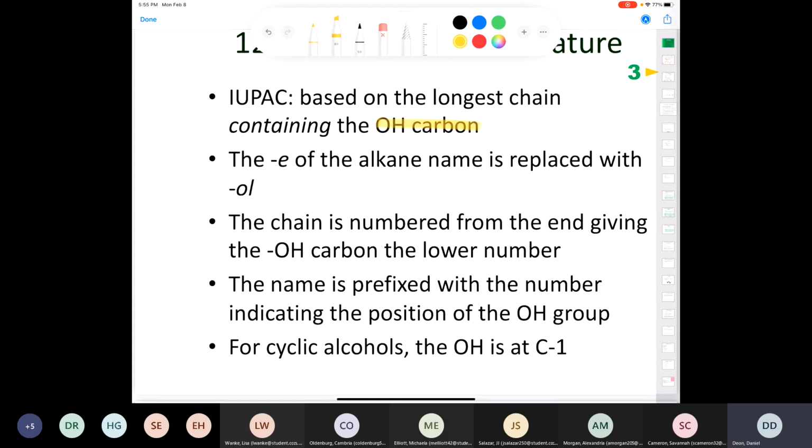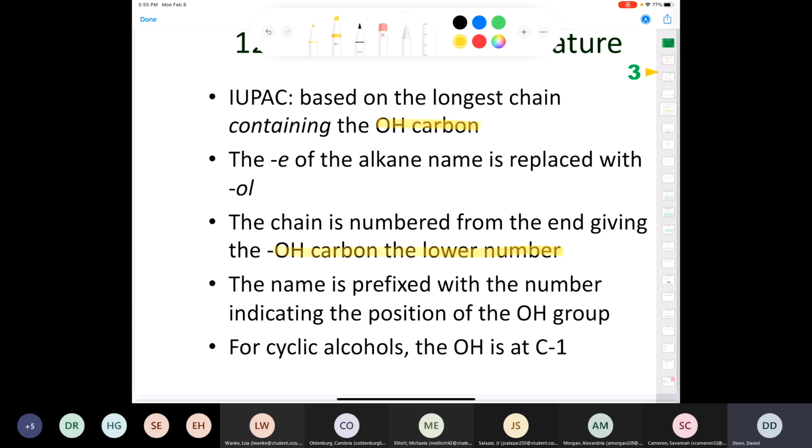So methane becomes methanol. Ethane becomes ethanol. Propane becomes propanol, butanol, pentanol, hexanol, heptanol, octanol, nonanol, decanol, undecanol, dodecanol, etc., etc. You're going to number the chain from the end. Here's another rule. Like the alkenes and the alkynes, you want to give the carbonyl carbon the lowest possible number.